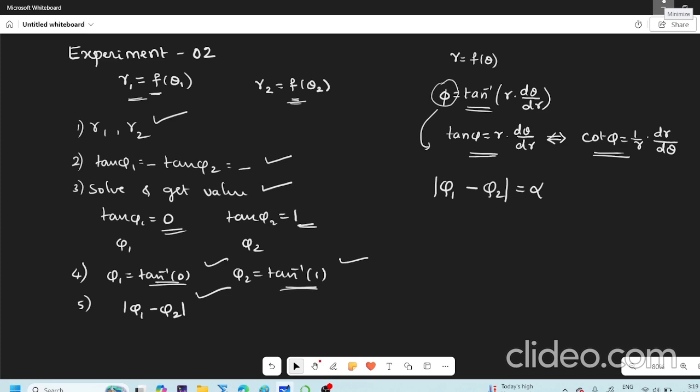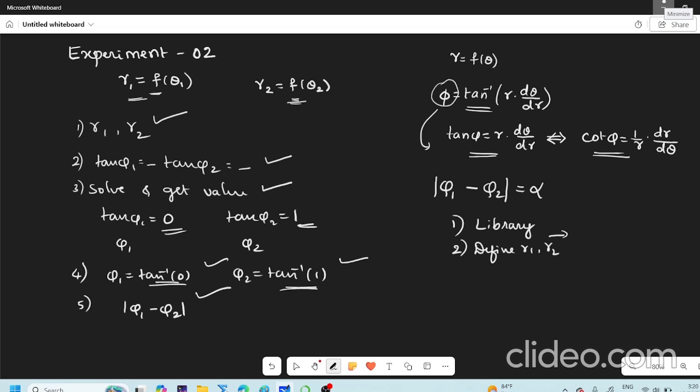Looking into the procedure to write the code, the first step is calling the library function. Next, define what R1 and R2 are. If you call the library function simply, then you have to define which variables you are going to use.